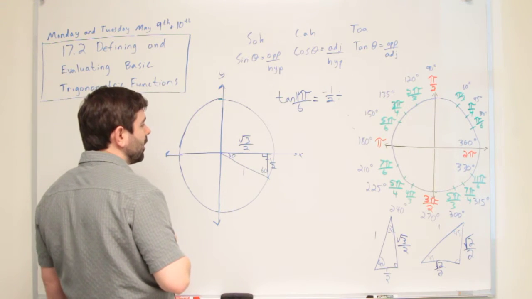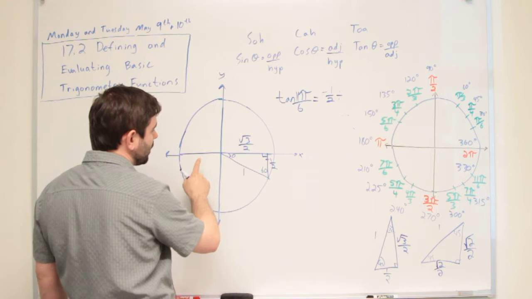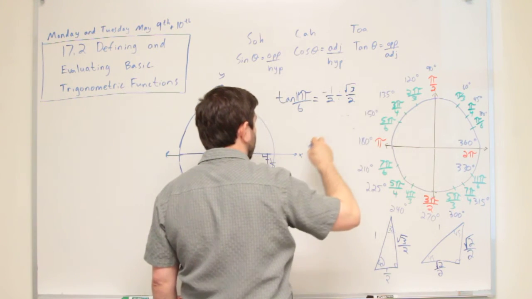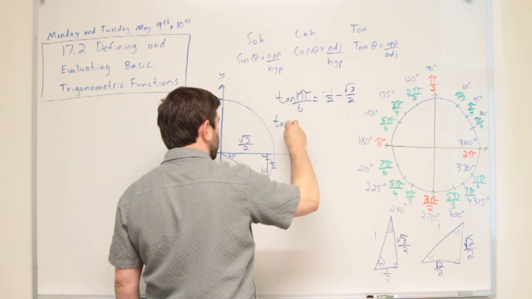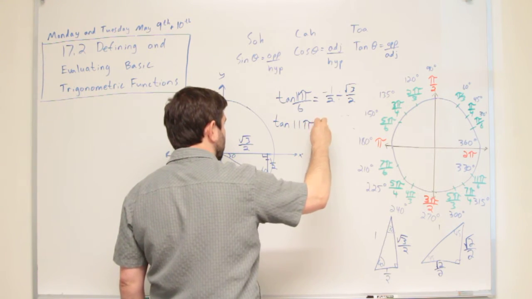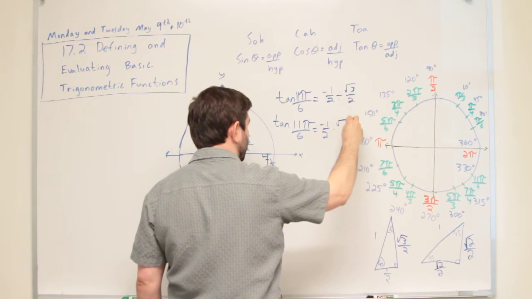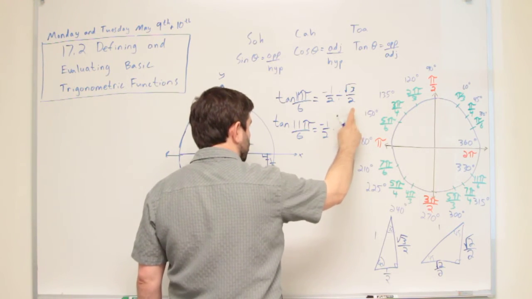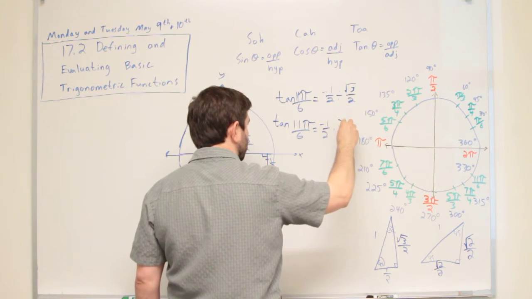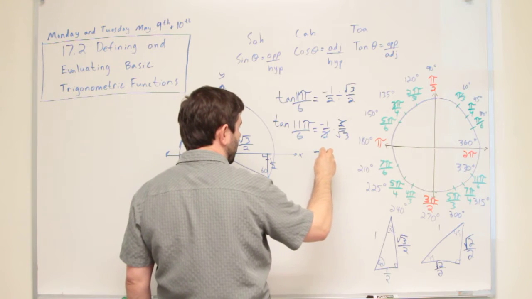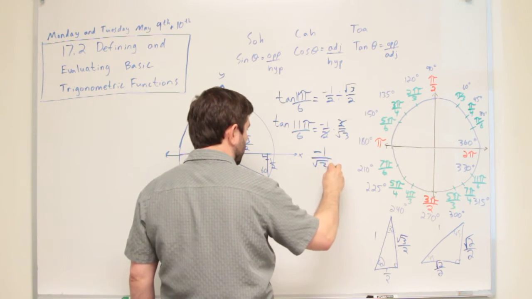Simplifies the algebra. Divide by the adjacent side, which is root 3 over 2. And this becomes tangent of 11 pi over 6 equals negative 1/2 times 2 over root 3. And this equals negative 1 over root 3.